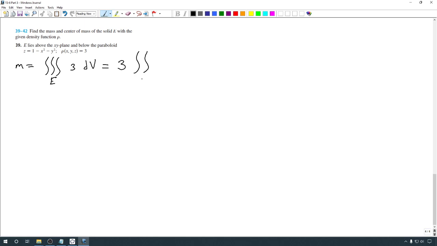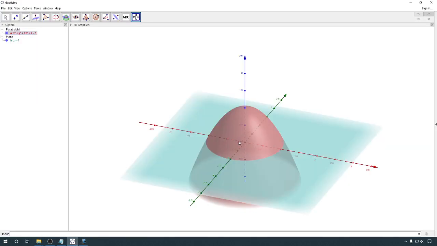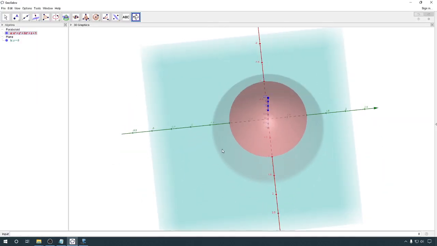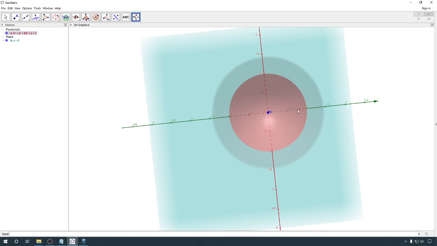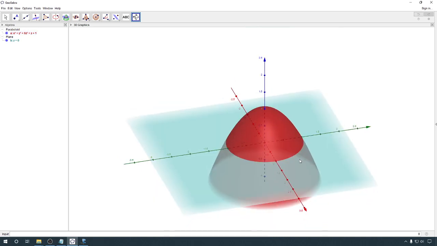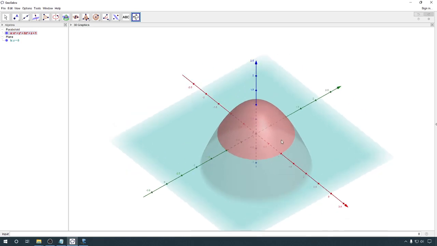Because we are integrating this over a disk, we can view this as having a top surface of 1 minus x squared minus y squared, and a bottom surface of 0. Then we're looking at a type 1 region here.